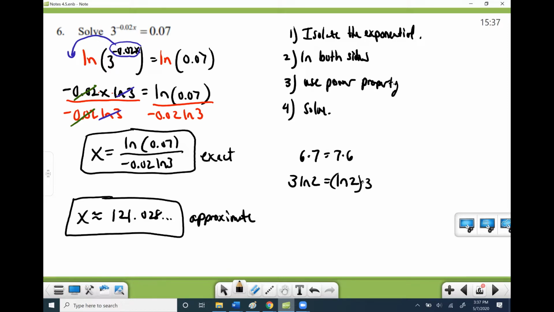One of the things that I will say is when you're typing it into your calculator, if you don't use parentheses around the denominator, let's say you typed in natural log and then you just hit the divide button and hit this, guess what it's going to divide the natural log of 0.07 by? It's only going to divide it by this guy.